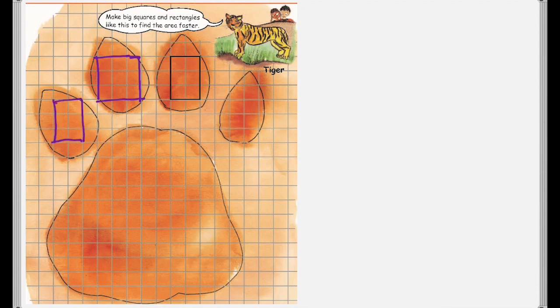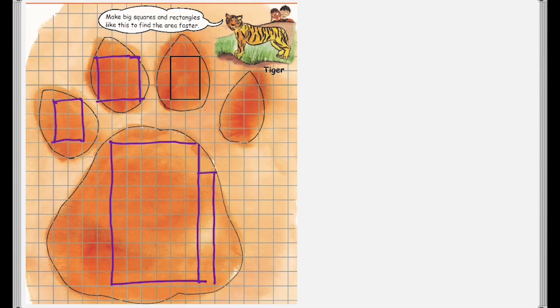It will be easier for you to find the areas. You can directly find the areas of these squares and triangles. For a square and rectangle the areas can be found easily, and then you can calculate the area of the footprint. In this manner you can calculate.